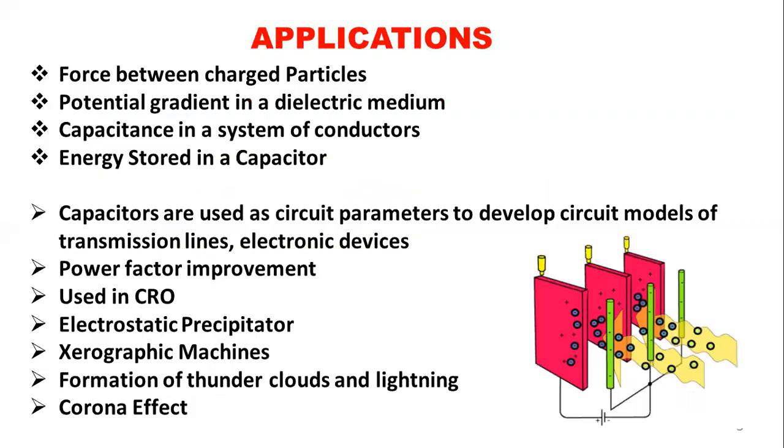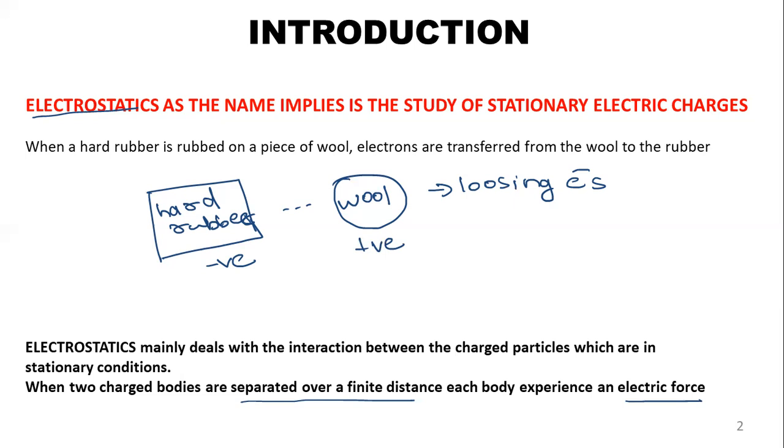Before going to the applications, I told you about electrostatic force. Other than the electrostatic force, there is one more force acting on all bodies, not just charged bodies. What is that force? There will be a gravitational force.